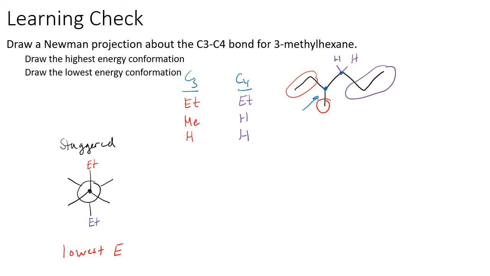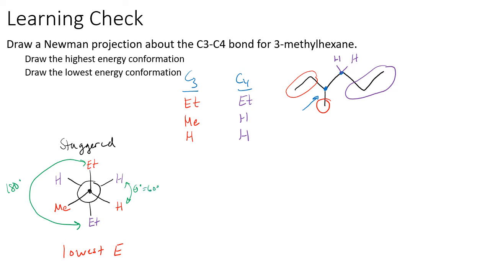And then on the front carbon, we have a methyl and we have a hydrogen. Because on the back carbon there's just 2 other hydrogens, it doesn't matter where I put those; it's going to be hydrogen across from the methyl and hydrogen across from the other hydrogen. But what's important is that my 2 bulkiest ethyl groups have a dihedral angle of 180 degrees. But everything between front and back has a dihedral angle of 60 degrees.